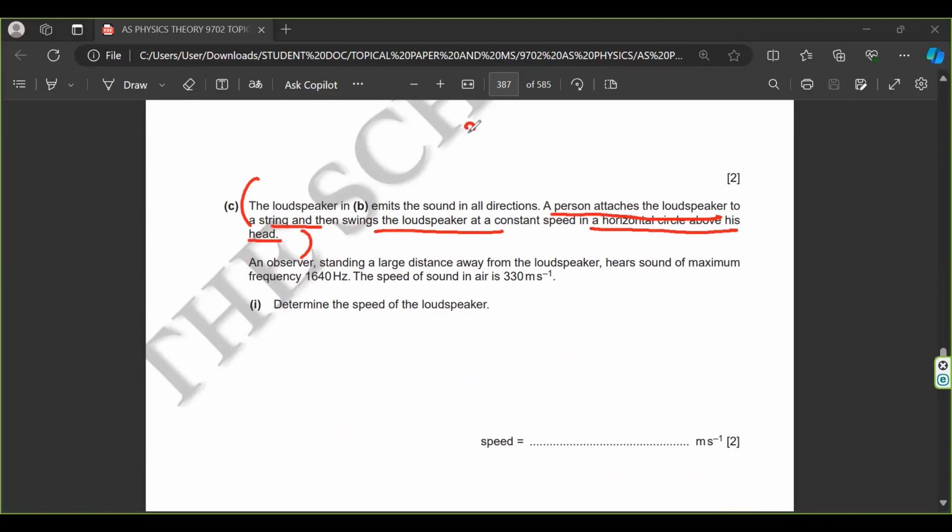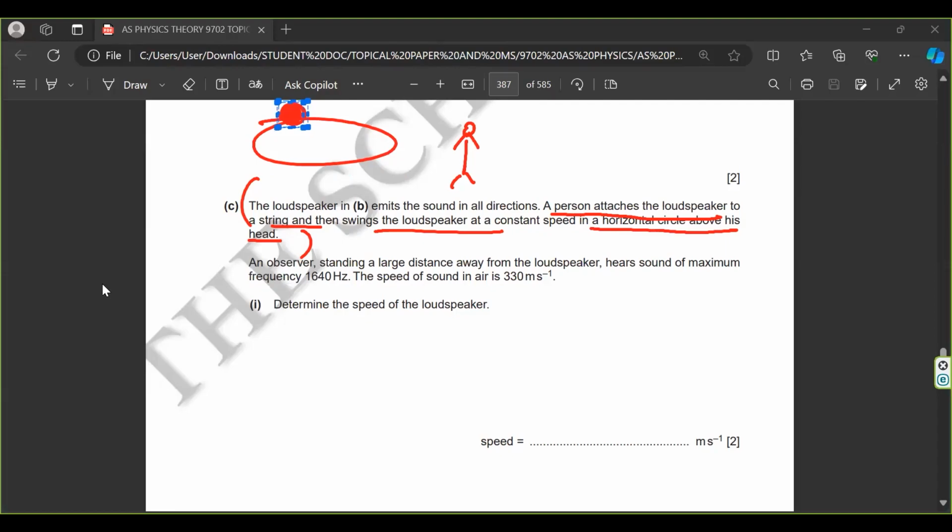If a person is standing right here, the sound source is changing position like this: once it is close to the observer, at the other end it's really far away. So the observer would hear sometimes a higher frequency sound and sometimes a lower frequency sound. If the loudspeaker is moving towards the observer, the observer hears a high frequency sound. If it's moving away, the observer will hear a lower frequency sound. This will repeatedly rise and fall due to the motion of the source.